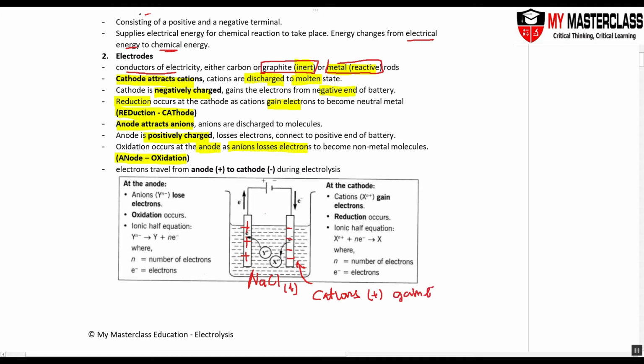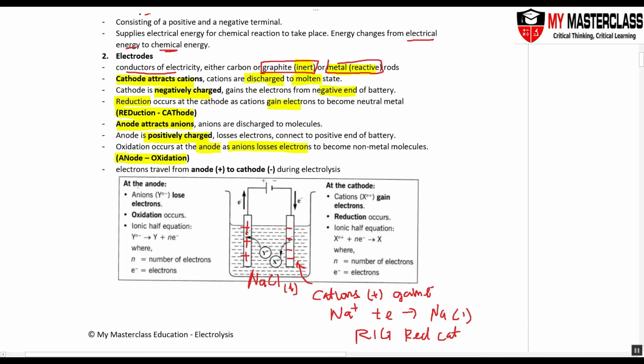What are the cations in the electrolyte that I'm trying to break down? It is my Na+. So it will gain the electrons to form sodium metal, the molten metal. So reduction is gain, and red cat. Your cathode is the negative electrode. Reduction takes place to form molten sodium.